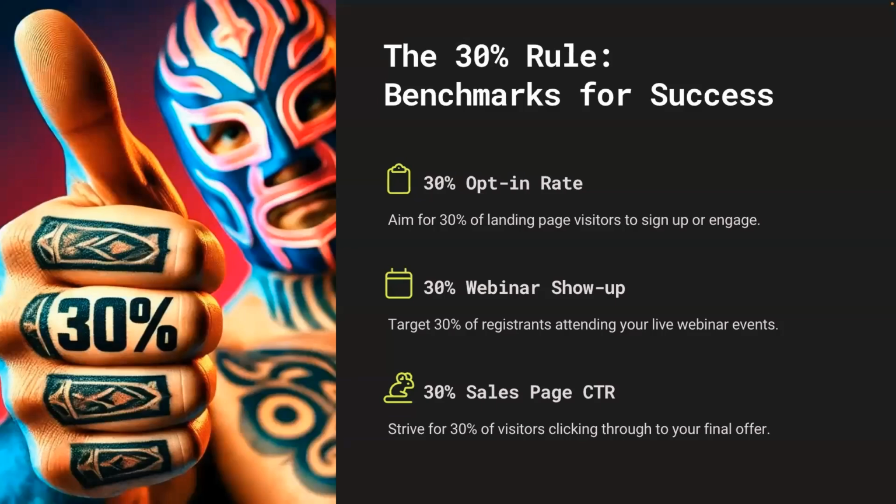Then I want 30% of the people attending the webinar to move from the webinar to the sales page. And 30% of people who move to the sales page should take the next step, which is becoming a buyer. At each step of the funnel, you want 30% of the people to take the next step.